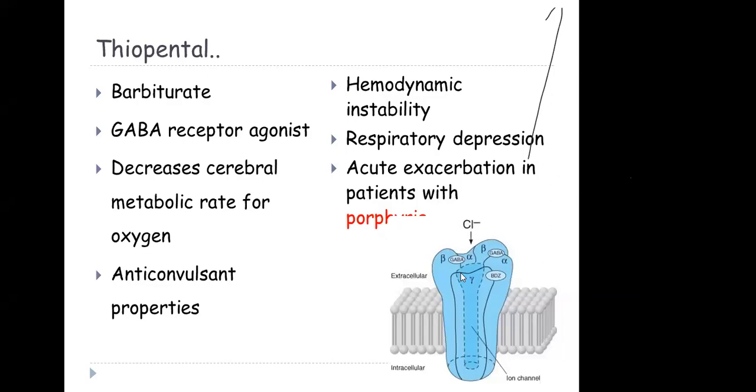The upside of it is that it decreases your cerebral metabolic rate for oxygen. So if you have a patient in whom you don't want that metabolic rate to be high, for instance, which kind of patient do you not want a high cerebral metabolic rate?